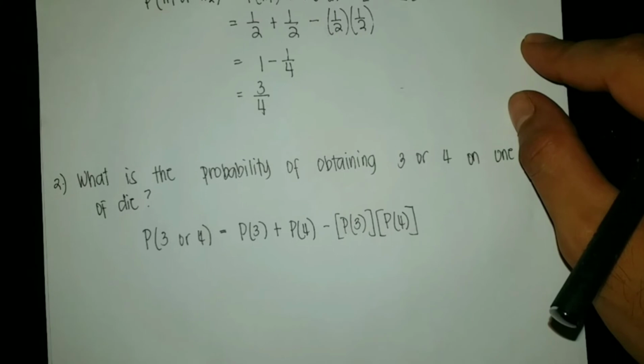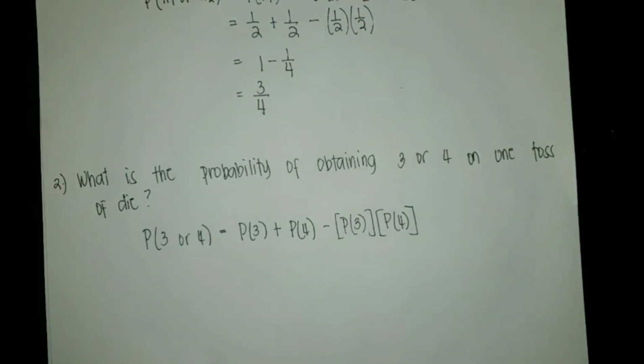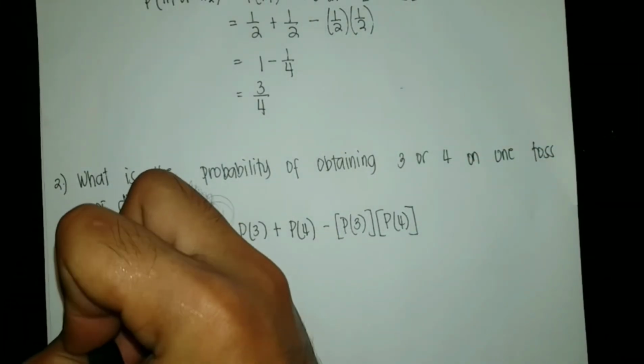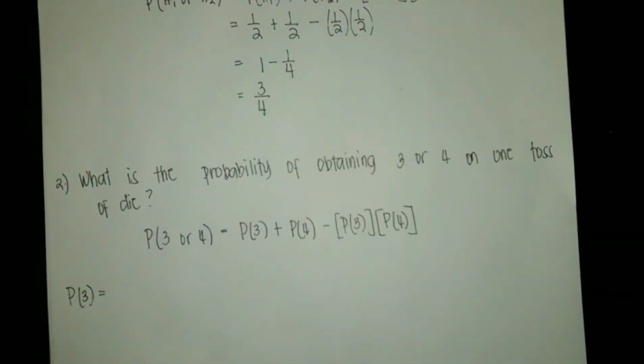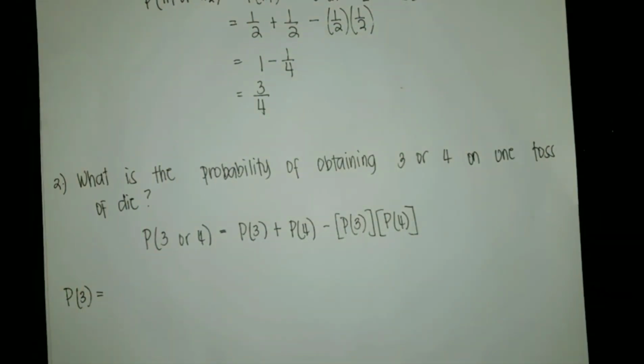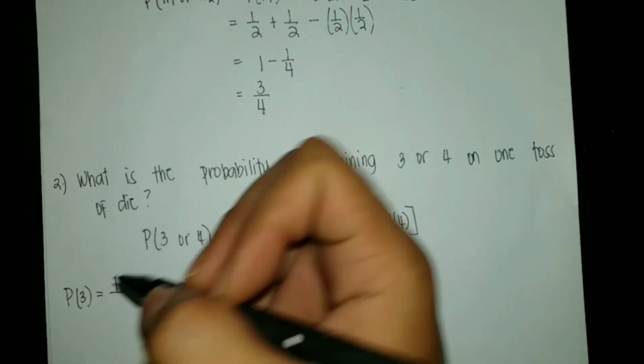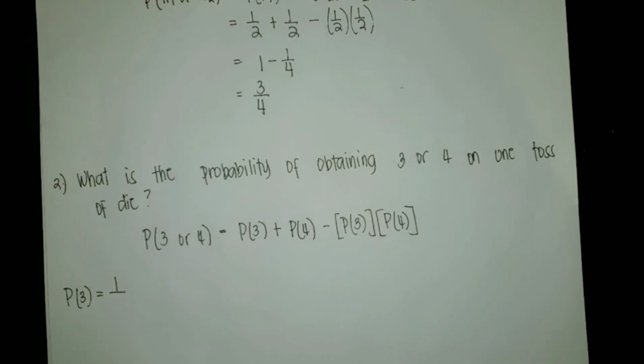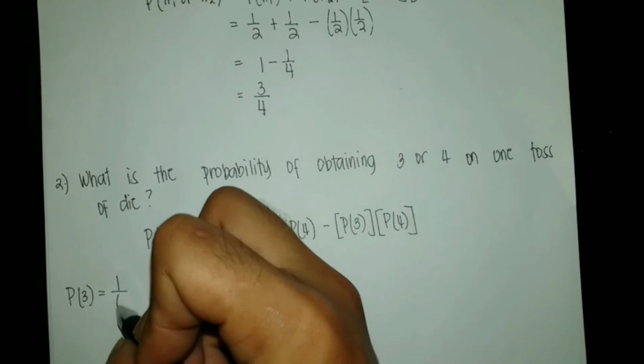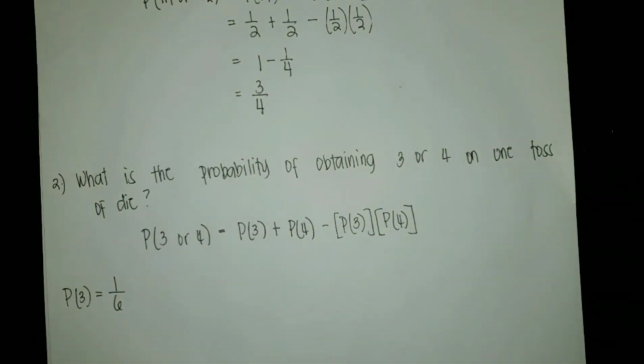What is the probability of obtaining 3? On a toss of a die, for the number of favorable outcomes, there is only one 3 on a die, so that is 1. Then the total number of possible outcomes, there are 6 faces on a die, so that will be 1 over 6.